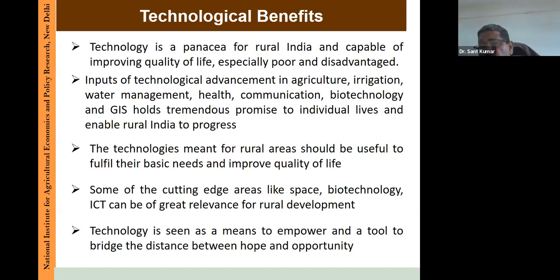If the technology is meant for the rural area, it should be used to fulfill the basic needs and improve the quality of life. Some of the cutting edge areas, space, biotechnology, ICT, can have great relevance, and the technology is seen as a means to empower and to bridge the distance between hope and opportunity.